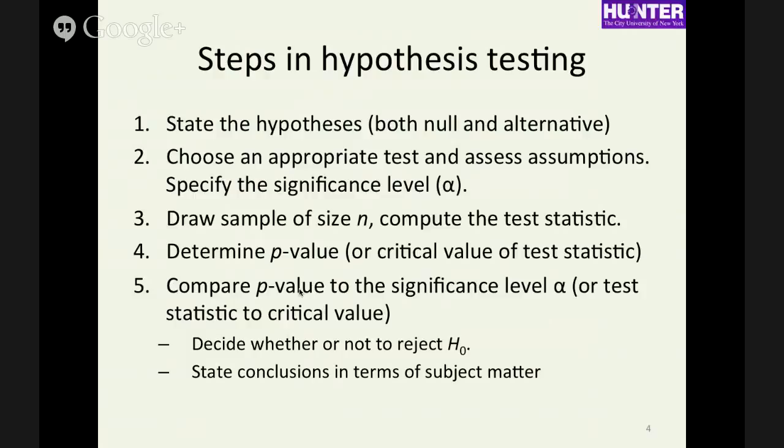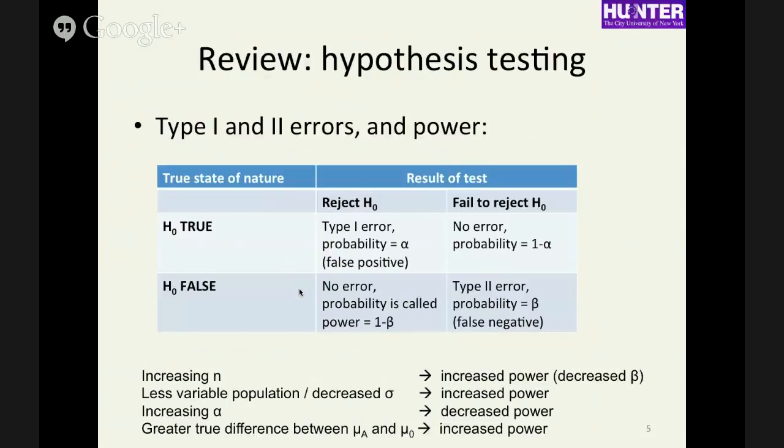And in the realm of hypothesis testing, there are type 1 and type 2 errors, and then this idea of power. So if your null hypothesis is true, but you accidentally reject it, that's a type, which error? Type 1. Yeah, that's a type 1 error.